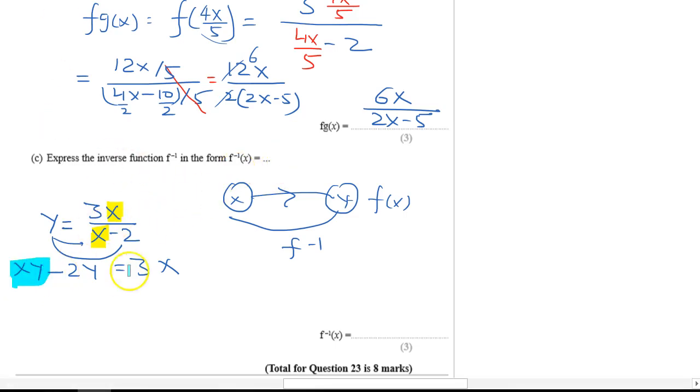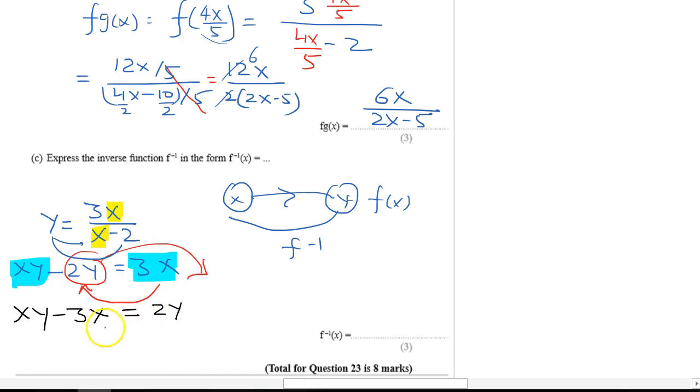This is having x and this one is having x. So I'm taking this term here and this 2y I'm taking to this side. So this is xy, and 3x will come on this side and become minus 3x, is equal to 2y, which goes here and becomes 2y.